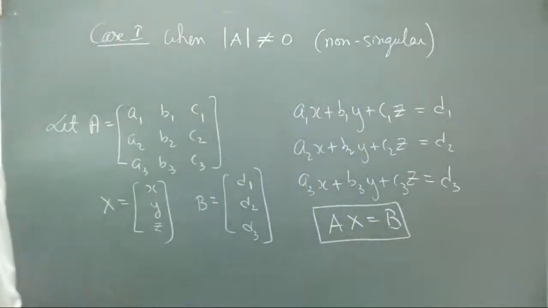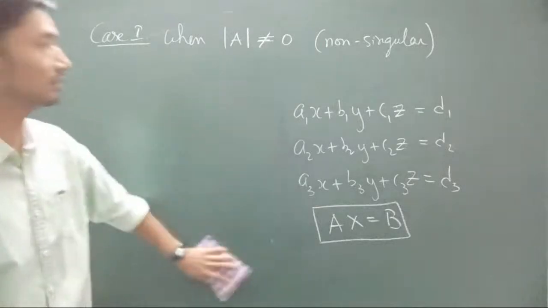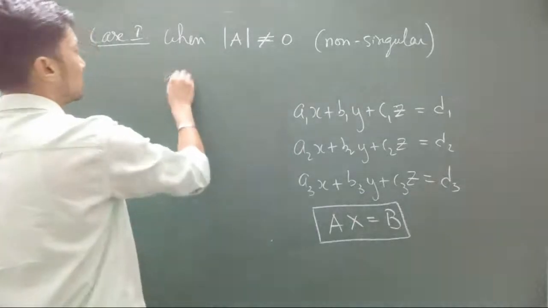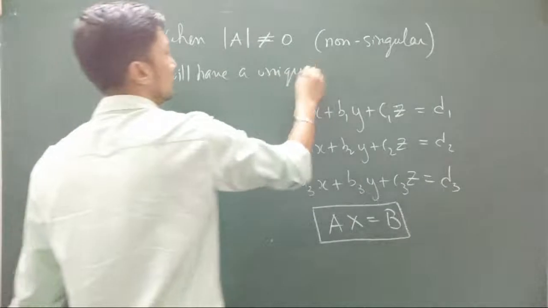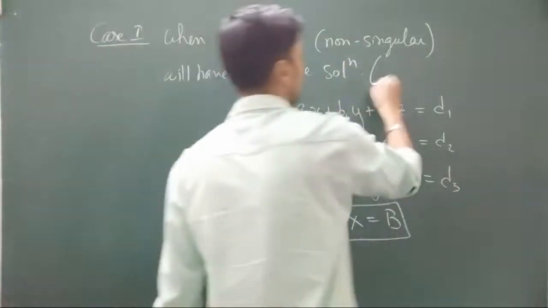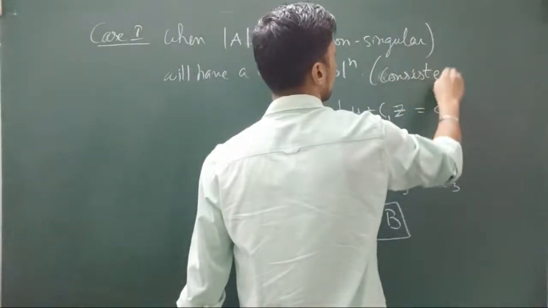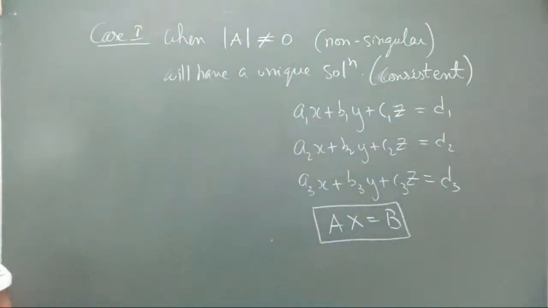You will find out the determinant of the matrix A, and if it is non-singular, then the system of equations will have a unique solution, and of course it will be consistent.